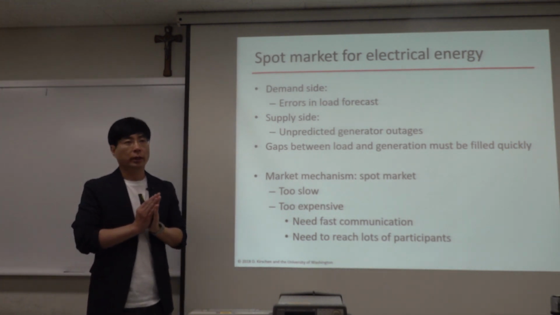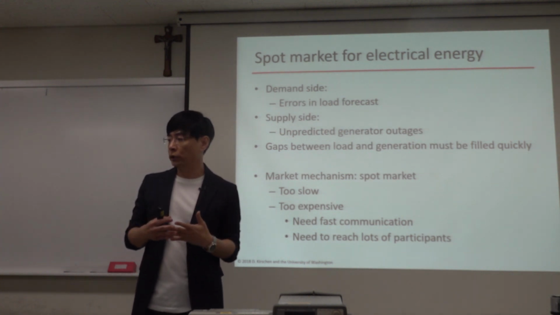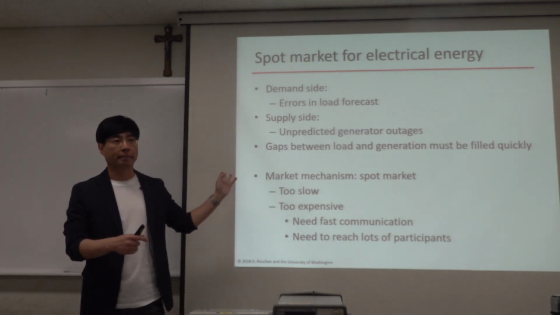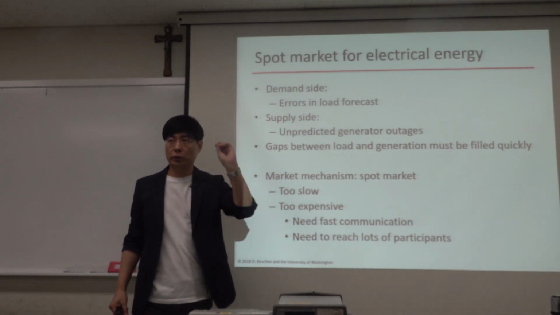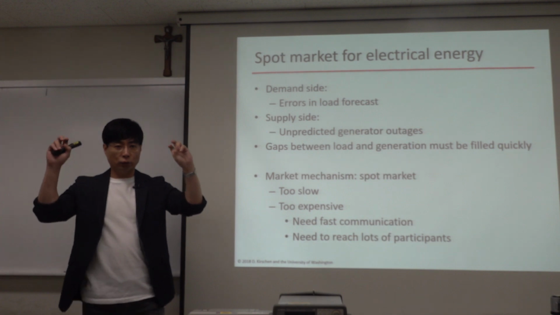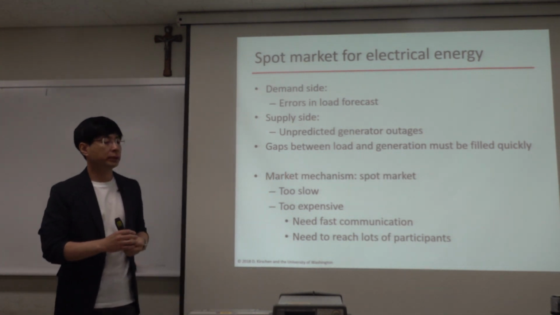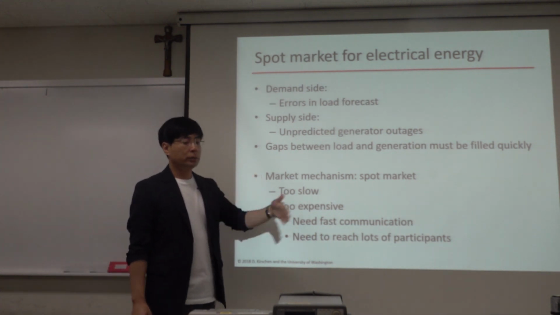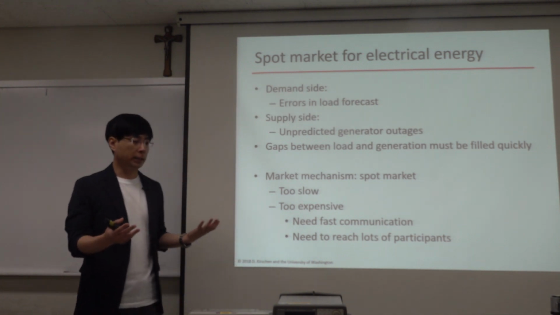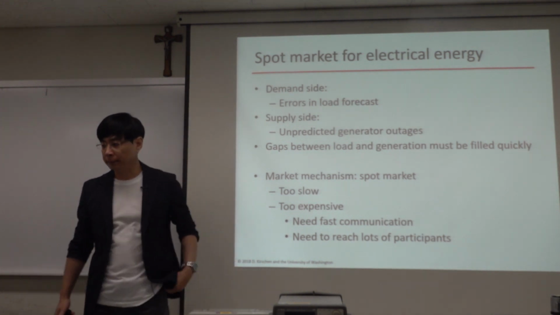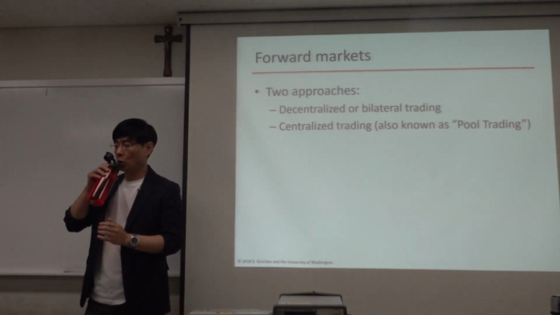So we want to minimize the total amount of power exchanged at the spot market. The spot market is the last resort, 최후의 수단, to balance the power generation and load. By using a forward market, we can minimize the total volume traded in the spot market. That's why we talked about the forward market in advance.